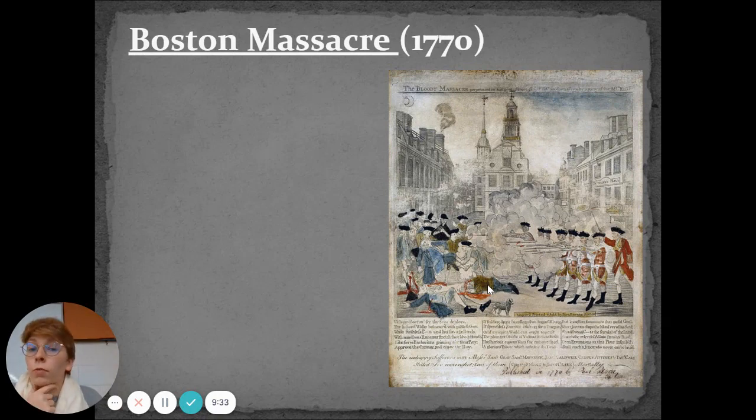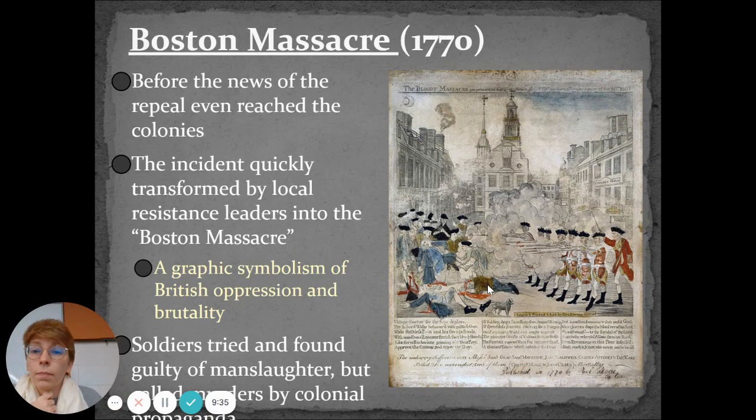Boston Massacre, you guys would have read about this. There was rioting, protests, and angry gatherings of people with regards to the Townshend Acts and other taxes.